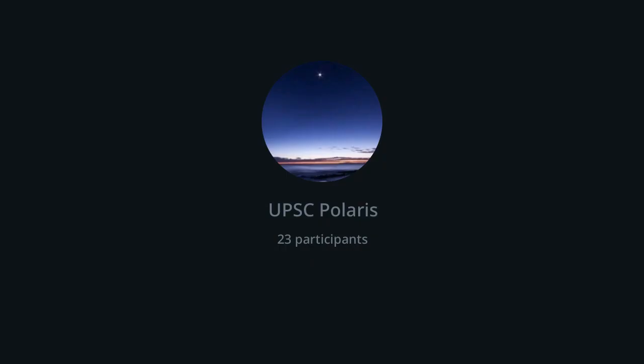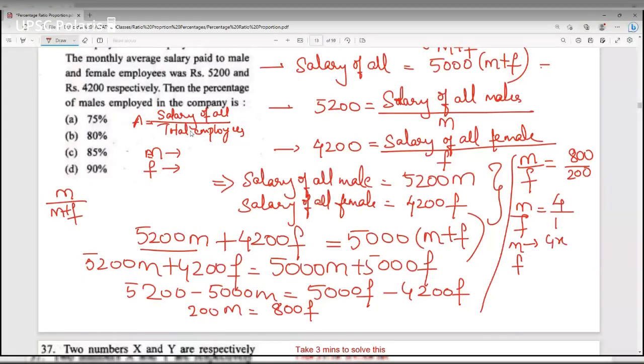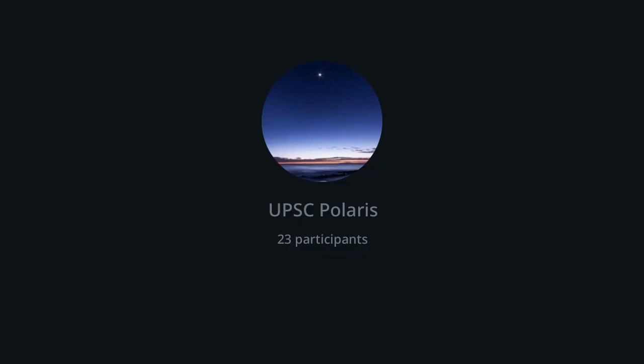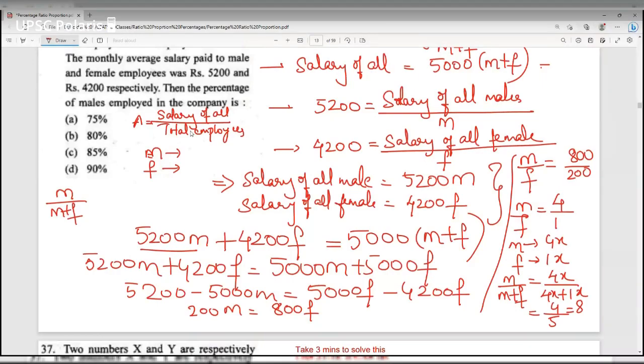We have to calculate M by M plus F, which is equal to 4x upon 4x plus 1x. It is equal to 4 by 5, that is 80%.